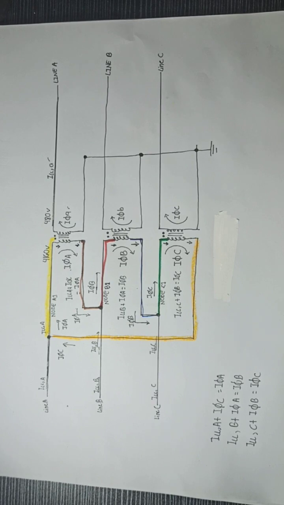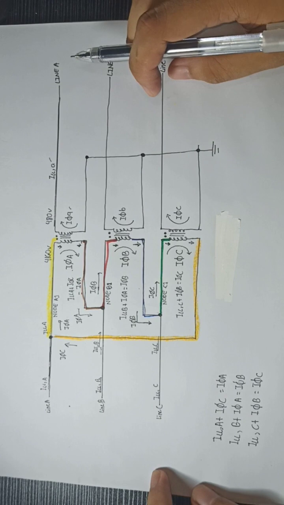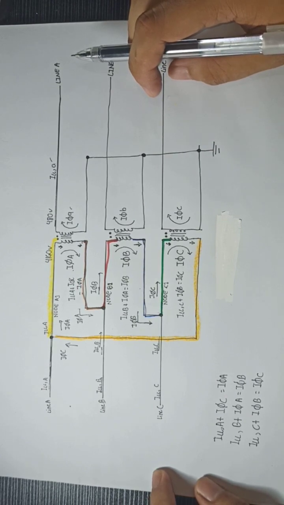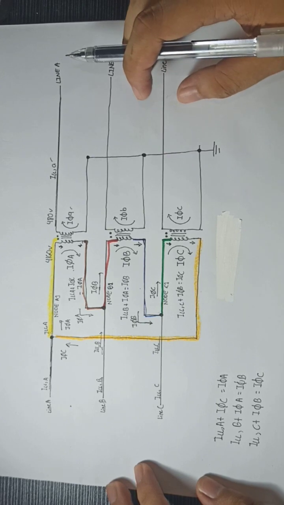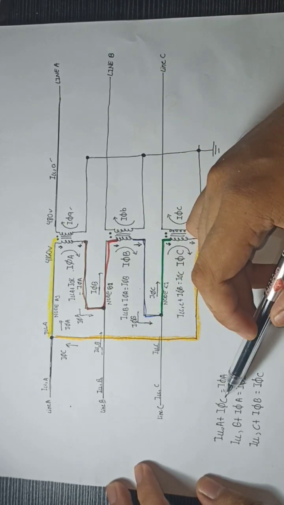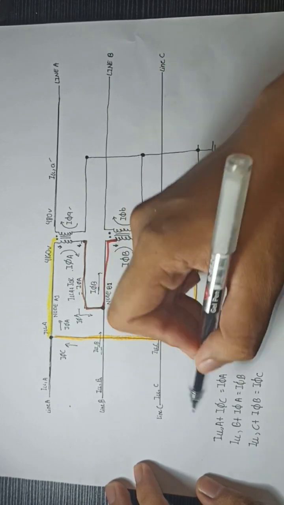Okay, let's rewrite the equation into something that makes a little more sense. All we're going to do is take the phase current here and move it to the other side.